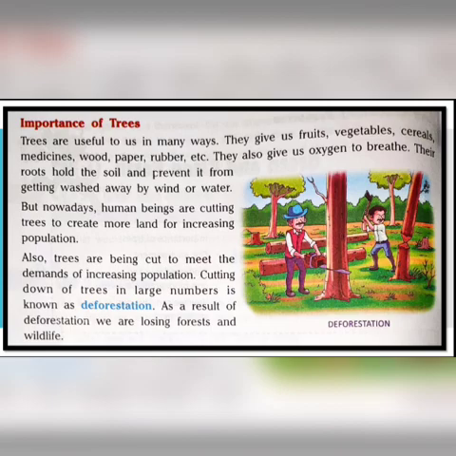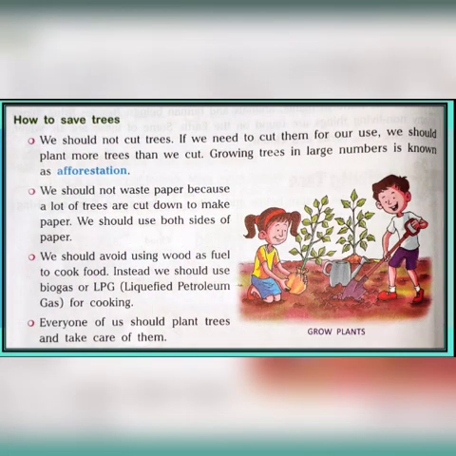Okay. Now, next, moving to how we can save trees. We should not cut trees. If we need to cut them for our use, we should plant more trees than we cut. Growing trees in large numbers is known as afforestation. So afforestation is the opposite of deforestation.